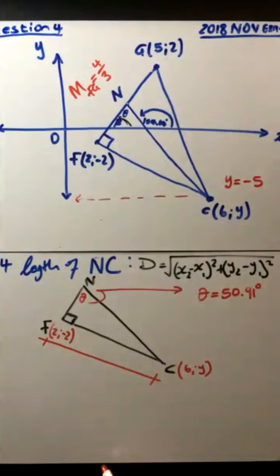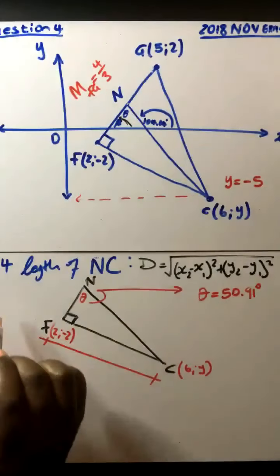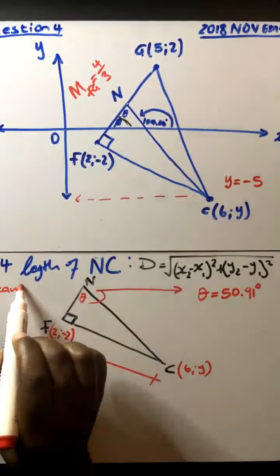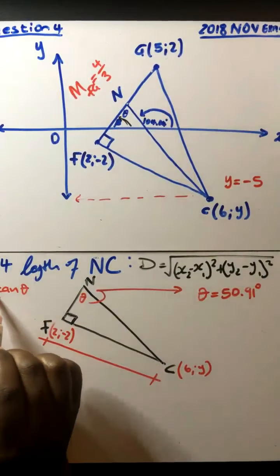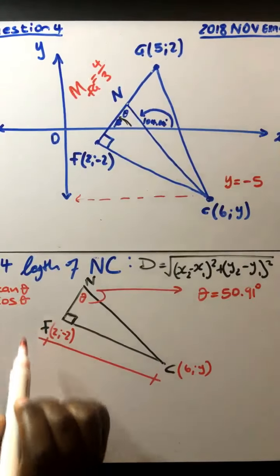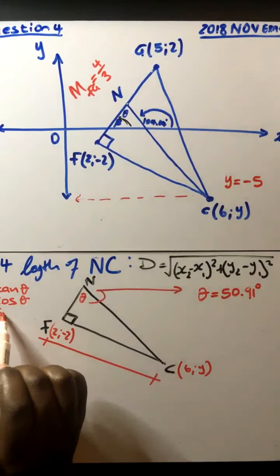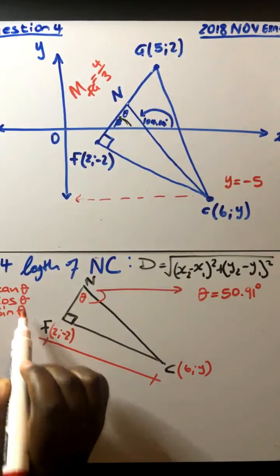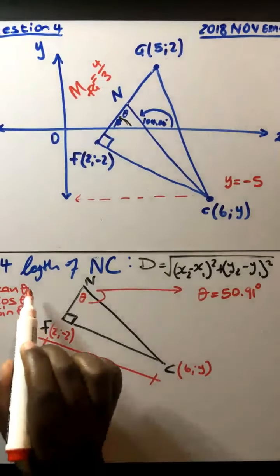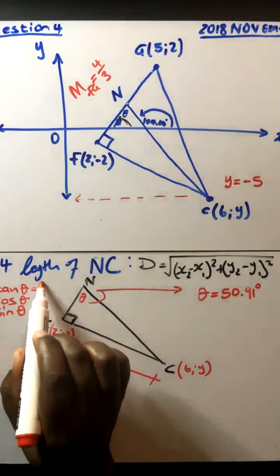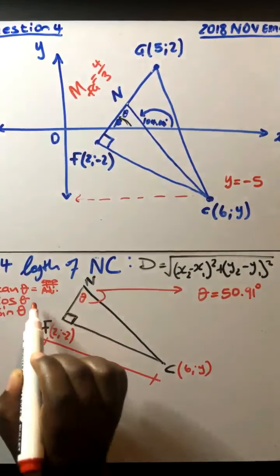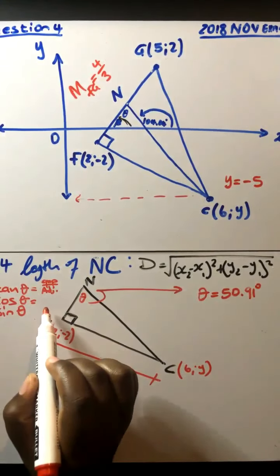If we've got that length, can we not check if we can use tan theta? Can we not check if we can use cos theta? Can we not check if we can use sine theta? Obviously, you know, tan is opposite over adjacent. Guys, I'm sure you know this, isn't it? Sine is what?